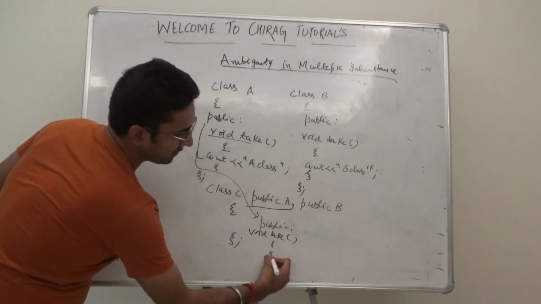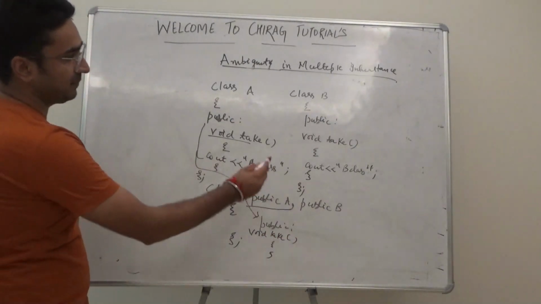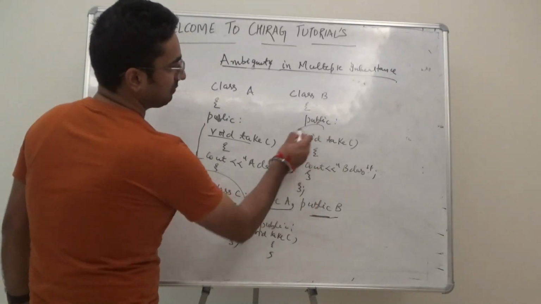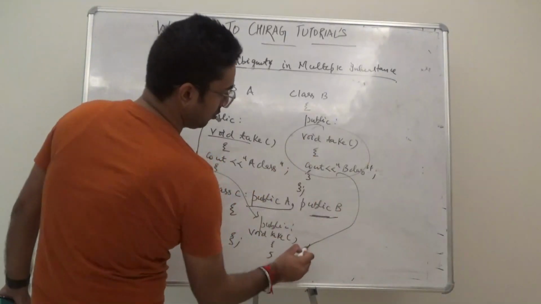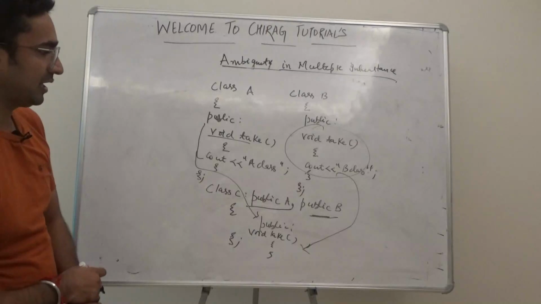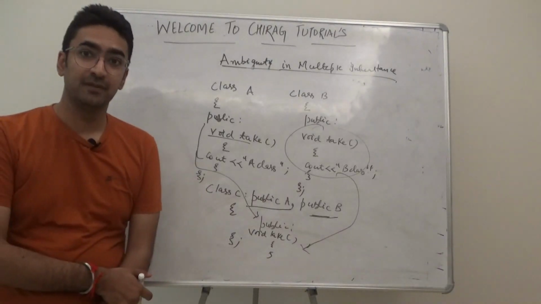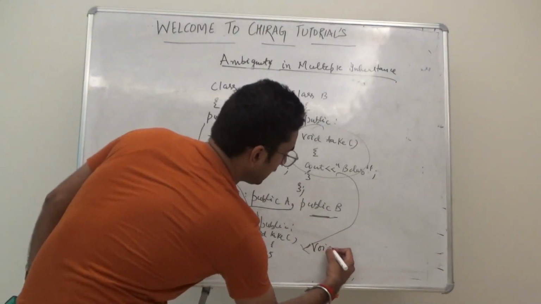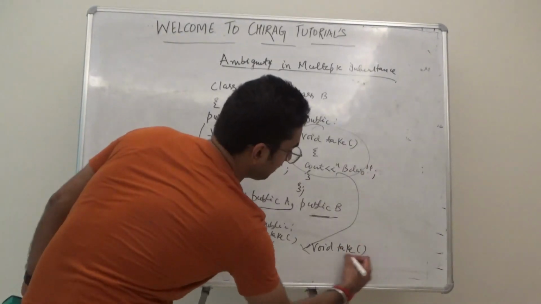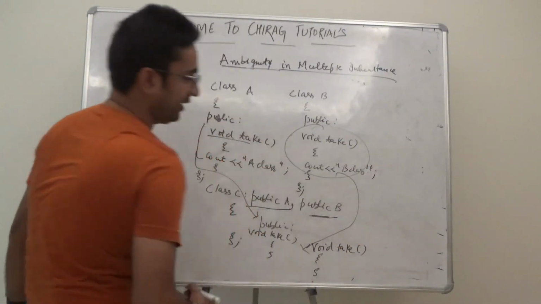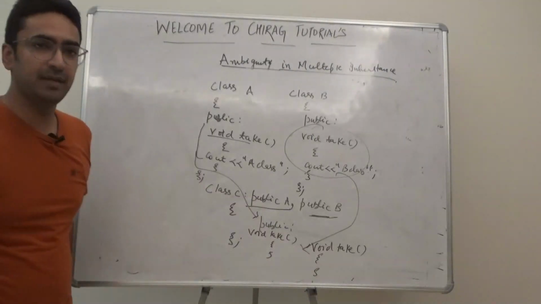By default that would be copied. Same applies to public B also. So public of class B will go in public of class C. So which void function we have to call? There are two copies of void take functions that are made.